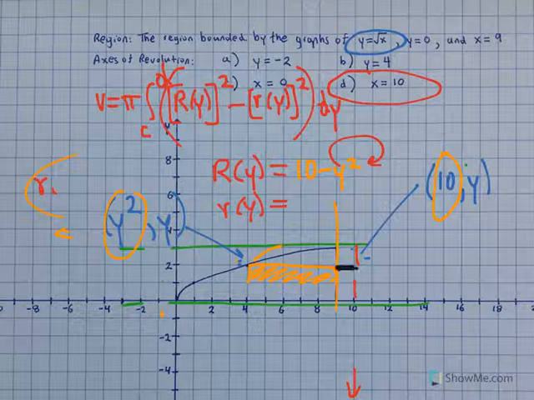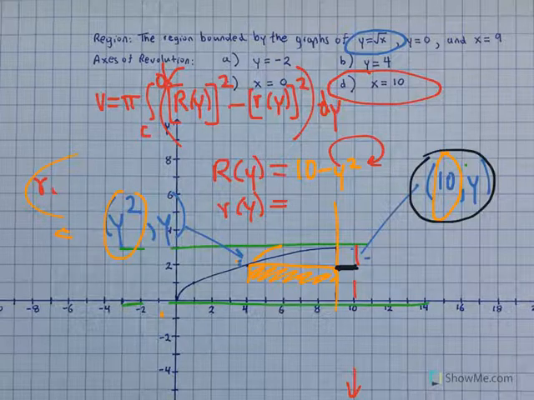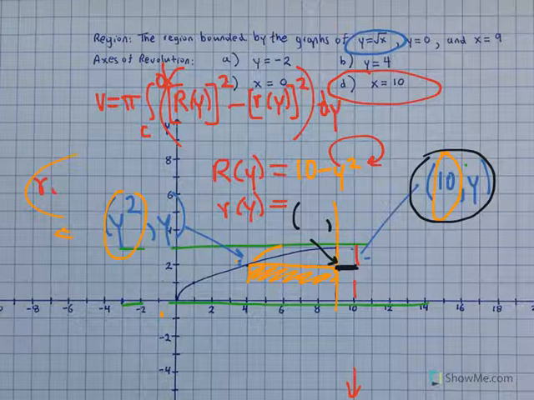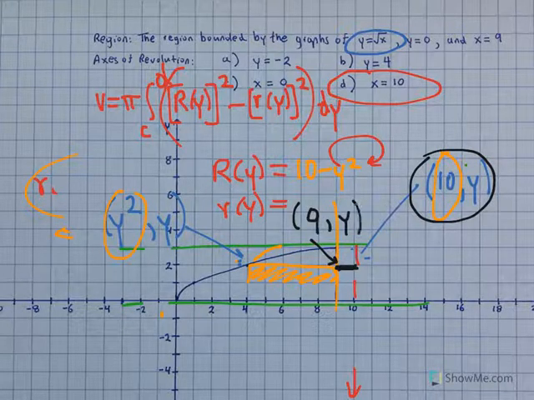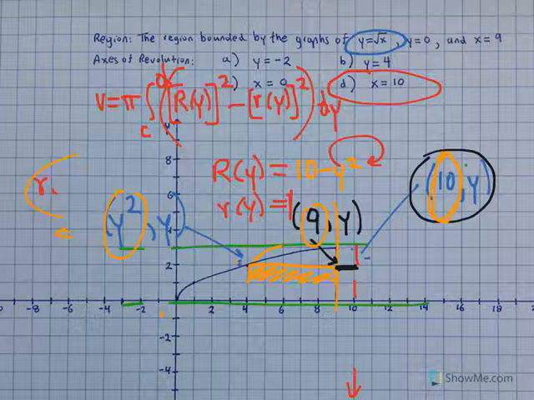Here's our line segment from the axis of revolution to the inside edge of the washer, and the coordinates of the right endpoint have already been labeled. The left endpoint is on the graph of x is equal to 9, so the x coordinate will be 9, and the y coordinate is variable from 0 to 3. To find the length of this horizontal line segment, you subtract the x coordinates, right minus left. 10 minus 9 is 1, and lowercase r of y is 1.